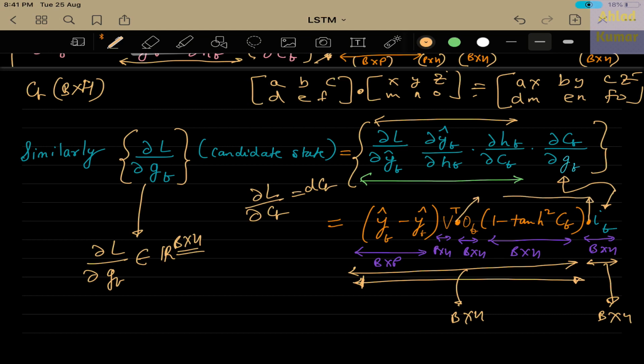So both of them are actually Hadamard multiplication. So now we have this result, which is the DGT.